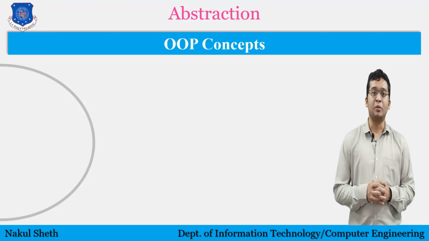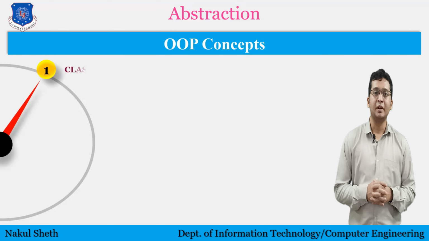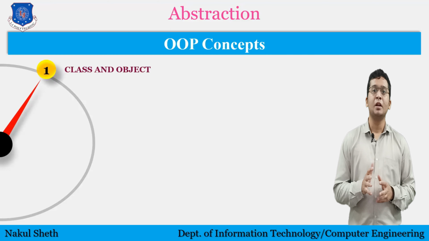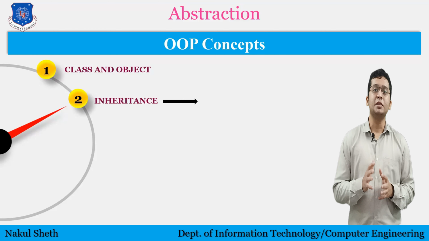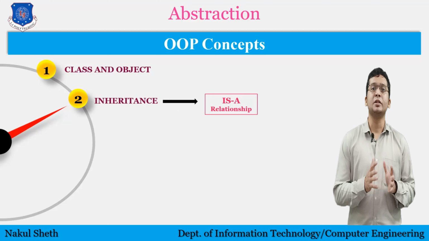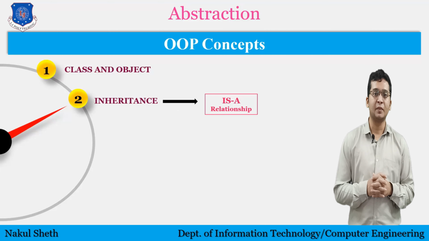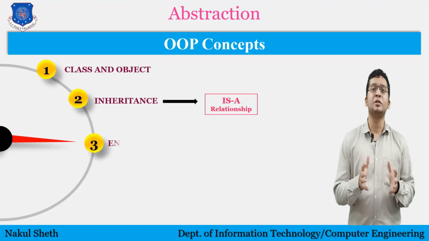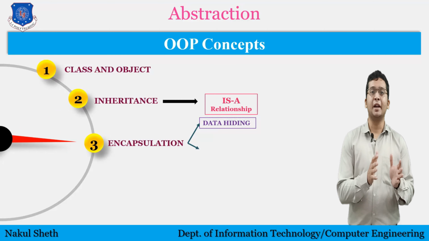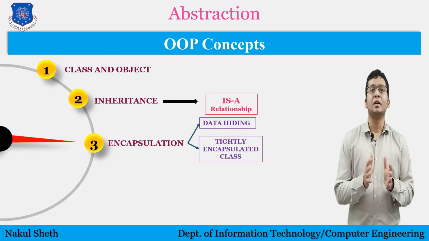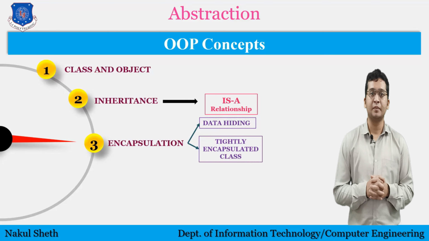In object-oriented programming, we have seen class and object. Then after, we have seen inheritance, and this inheritance is also known as is-a relationship in Java. After inheritance, we have seen encapsulation, and in encapsulation, we have discussed what is data hiding and what is a tightly encapsulated class.